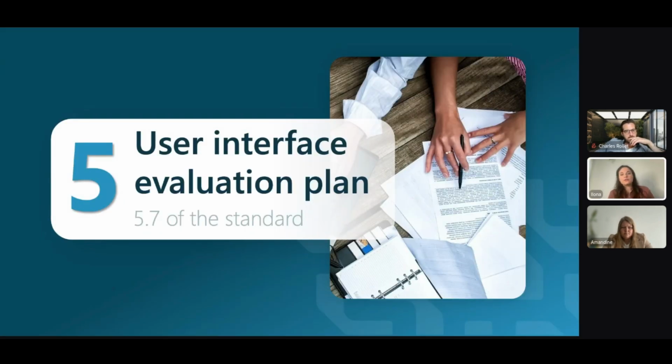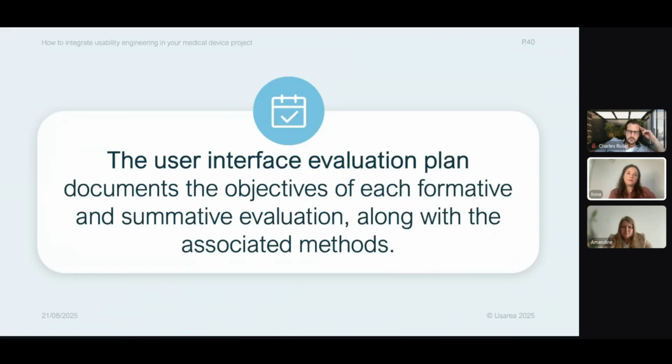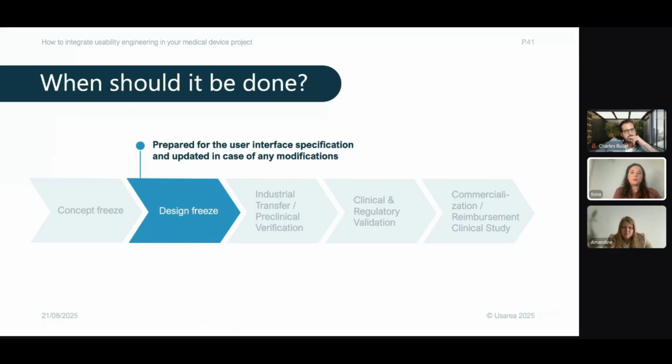The next one is the user interface evaluation plan. So globally, you're going to document the objective of each formative and summative evaluation with the associated method. So what you're going to do to evaluate your user interface. You have to prepare it from the user interface specification, and you update it in case of any modification.